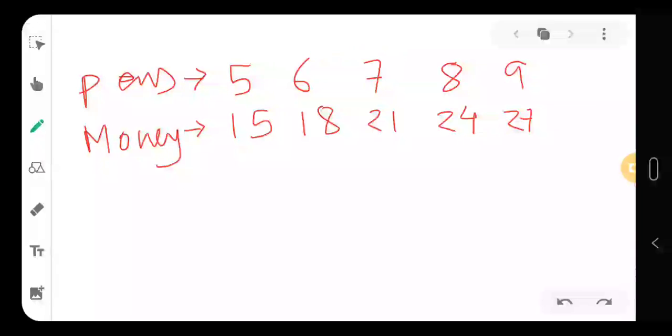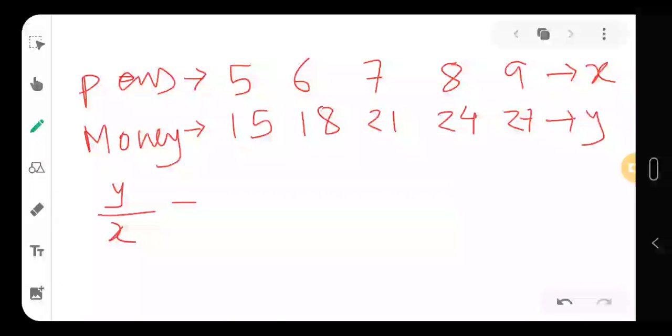Let's say I denote the number of pens by x, so x is the number of pens and y is the price of those many pens. If I take the ratio, money versus pens, let's say I'm doing y by x.